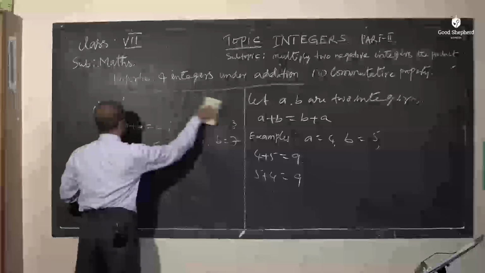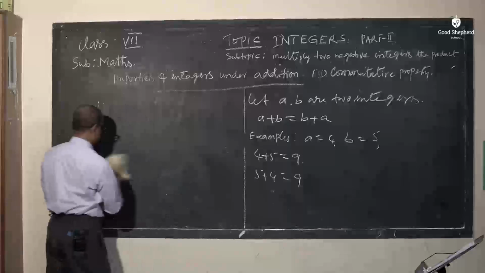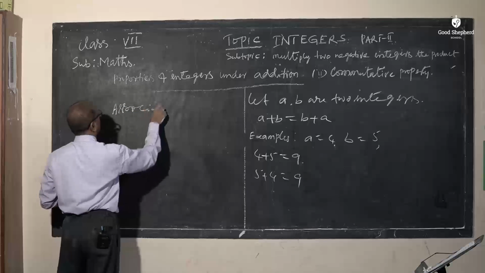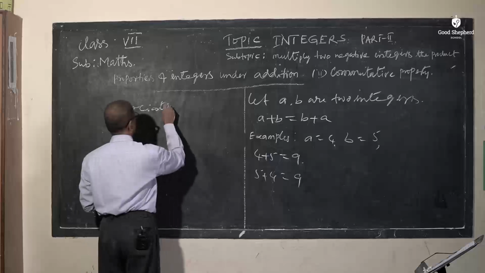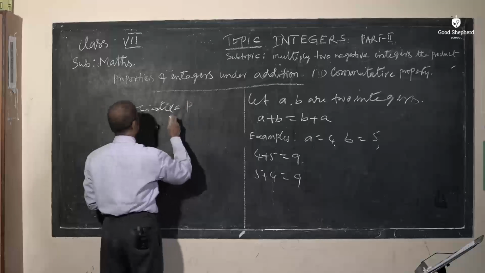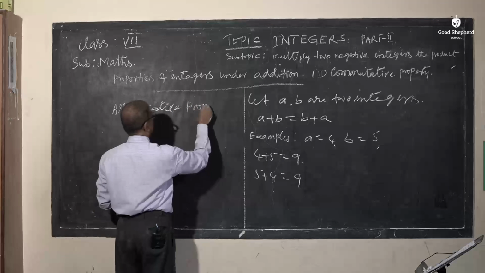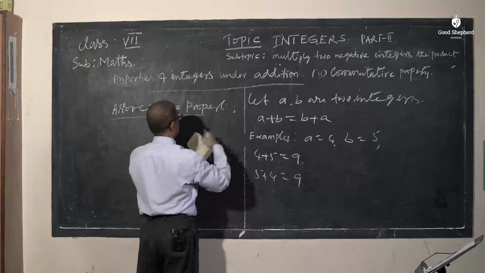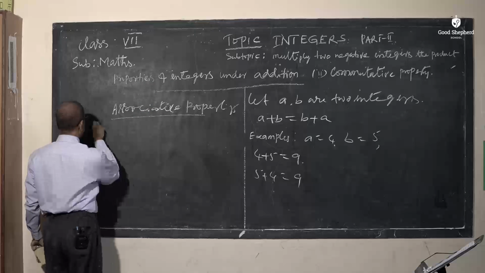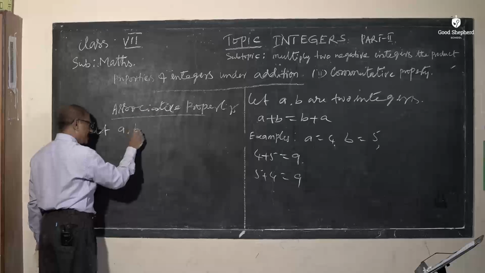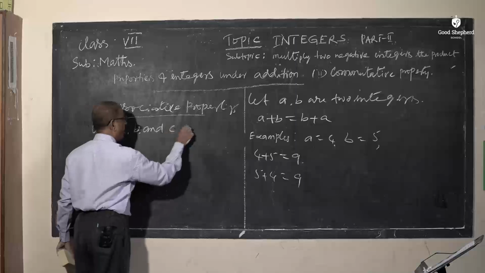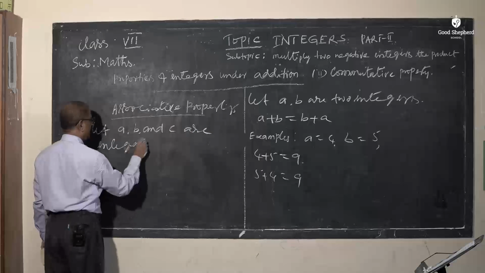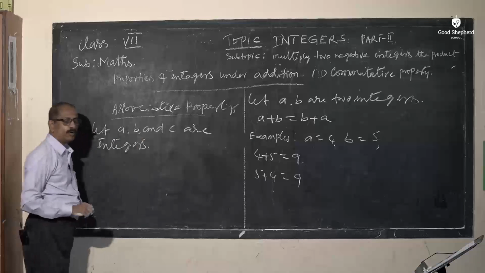The next one is the associative property, which we are going to learn. It is very simple. Let a, b and c be integers.